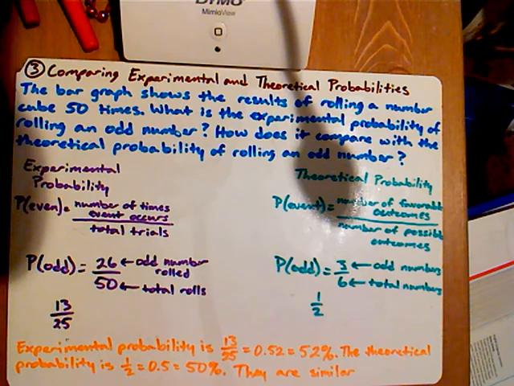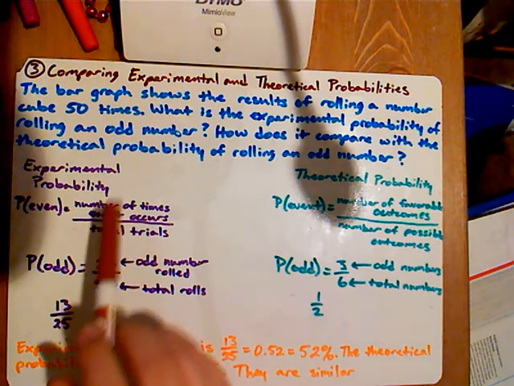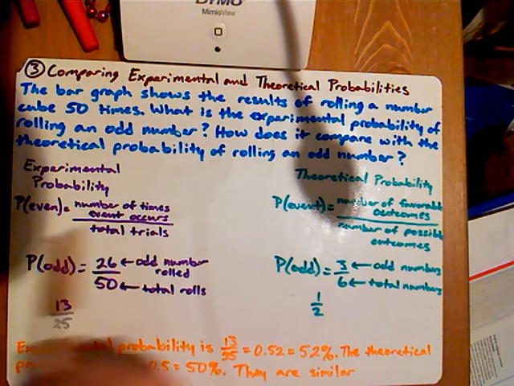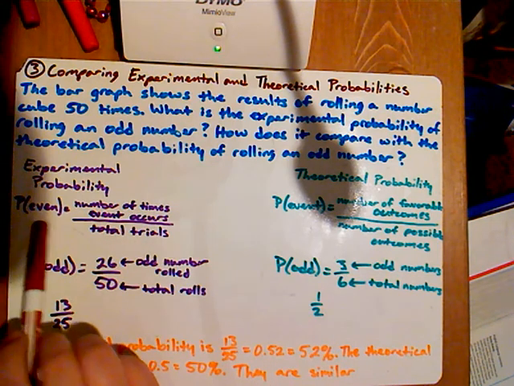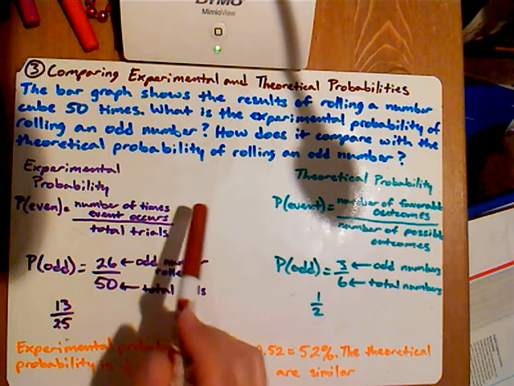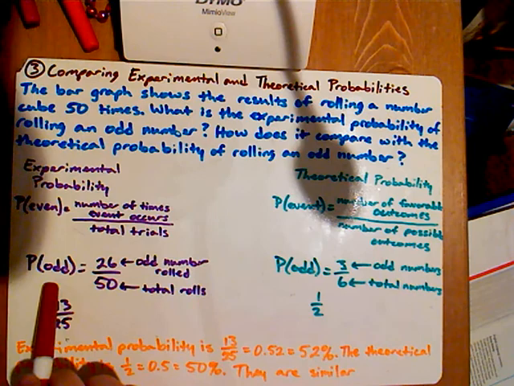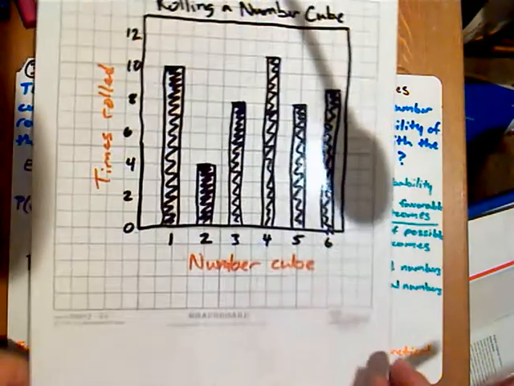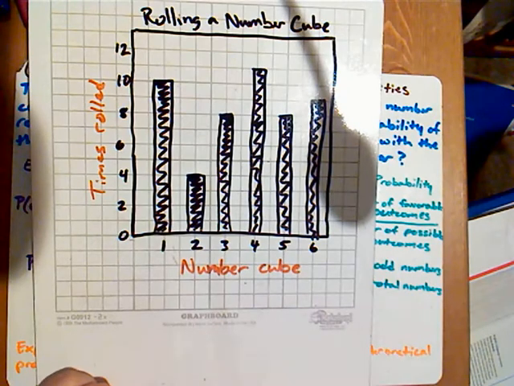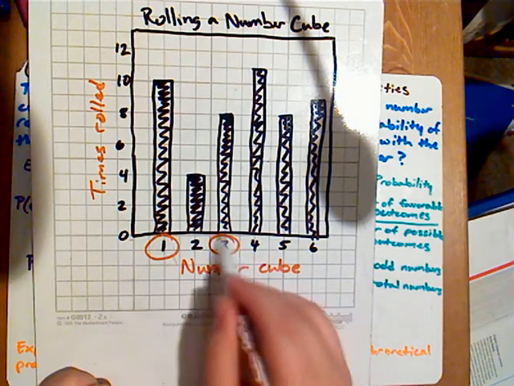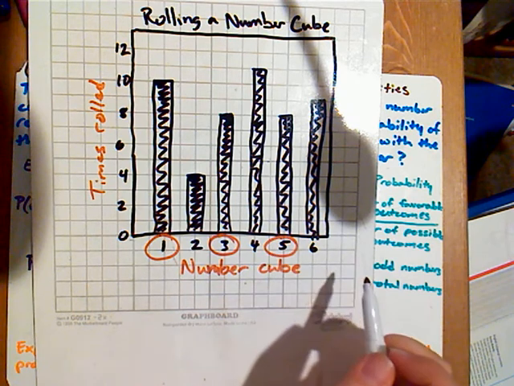What is the experimental probability of rolling an odd number, and how does it compare with the theoretical probability of rolling an odd number? So we look first at our experimental probability. P of the event equals the number of times the event occurs over the total number of trials. So P of odd, and if we look at our bar graph, we want to look at 1, 3, and 5, because those are our odd numbers.